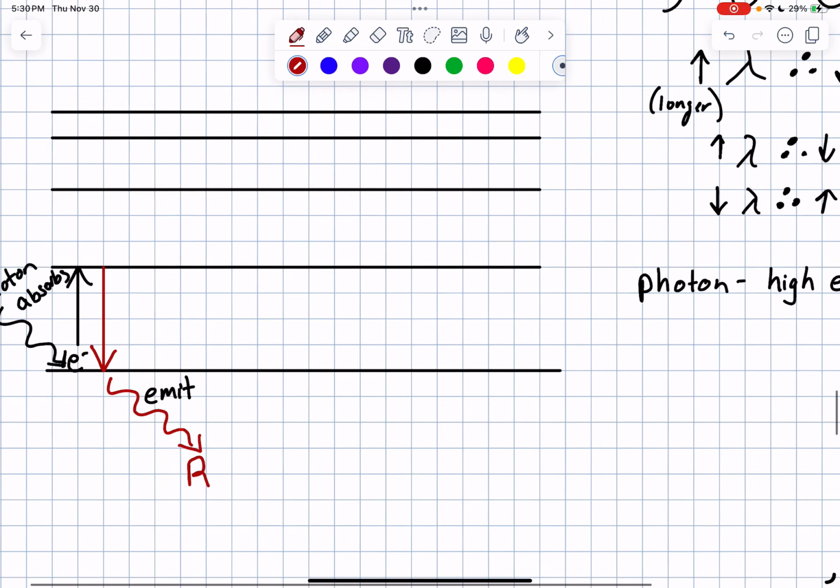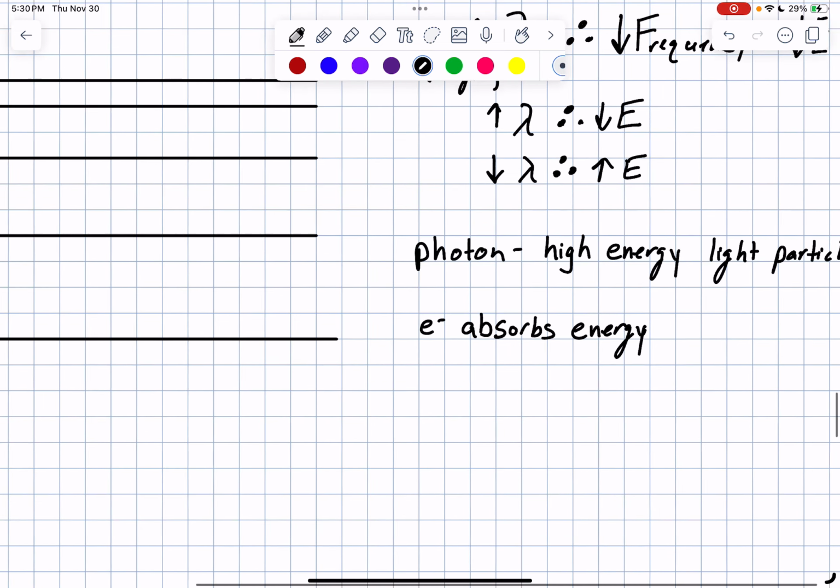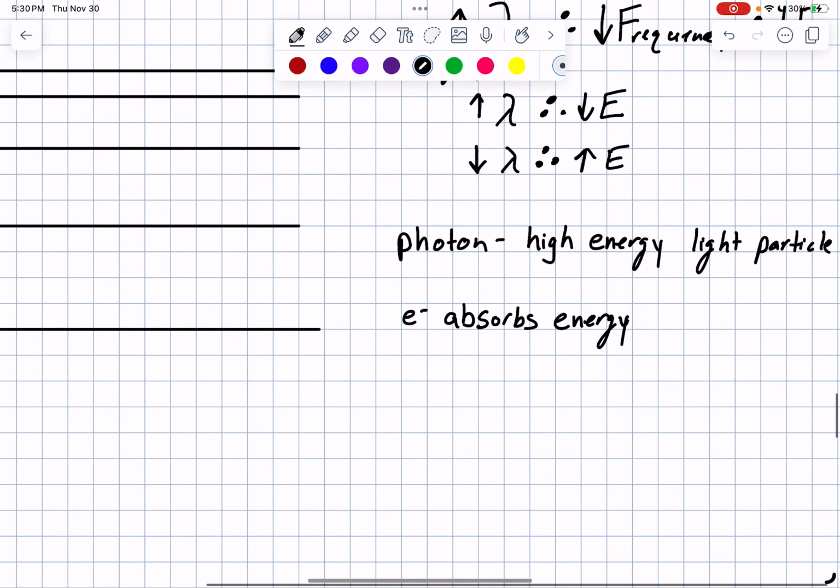So some terms that I said there, let's make sure that we understand this. So absorbed: when the electron absorbs the photon, absorbs energy, our photon is our energy of light.